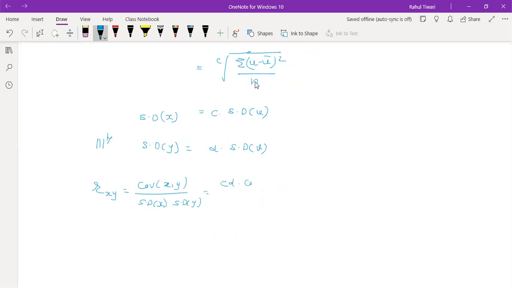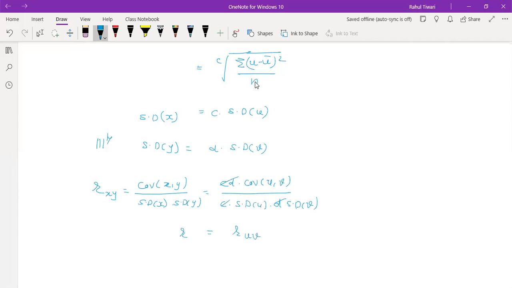CD into covariance of u and v, upon what is standard deviation of x? C times standard deviation. What is covariance of y? D times standard deviation. And you look here, what is left? This is the correlation between x and y.